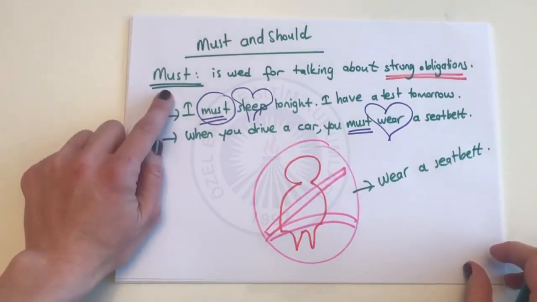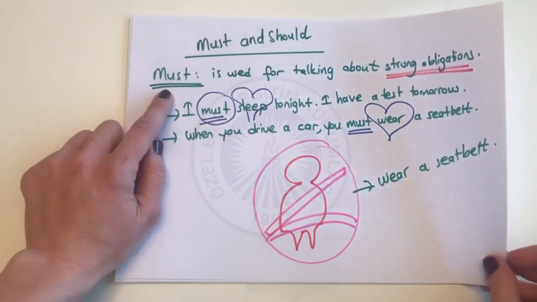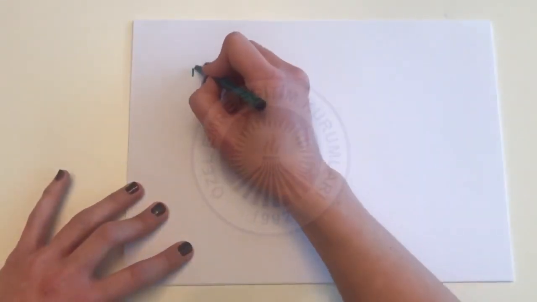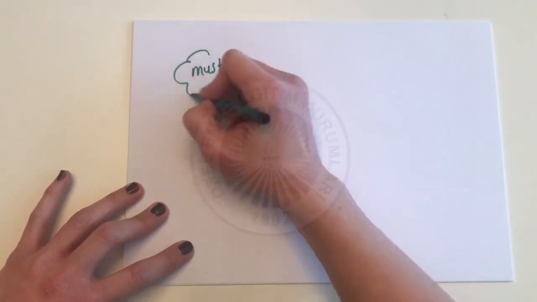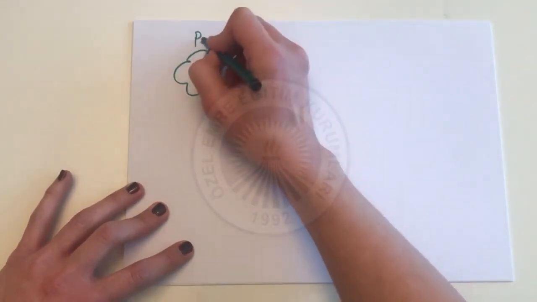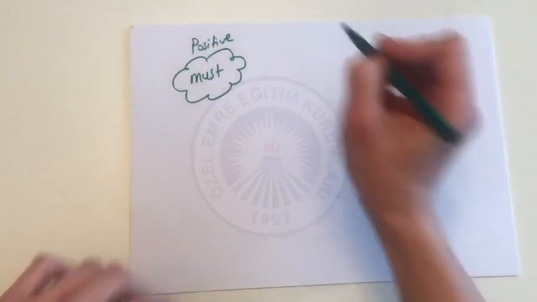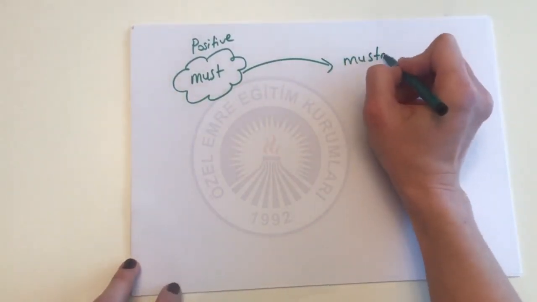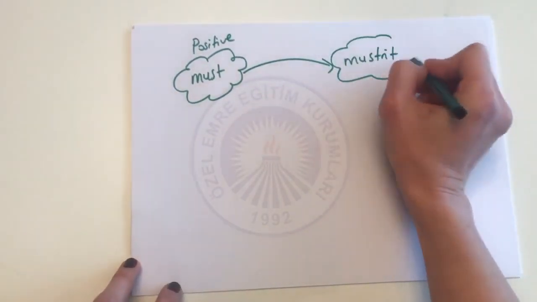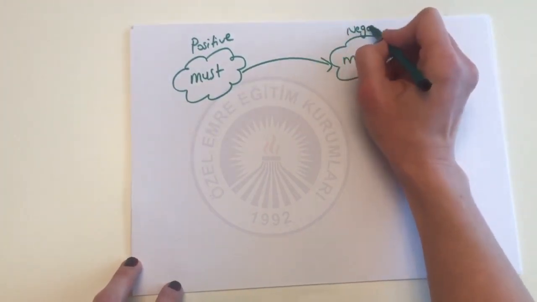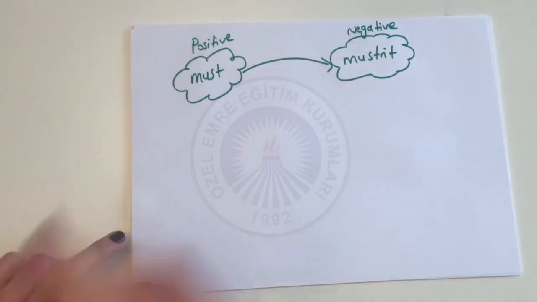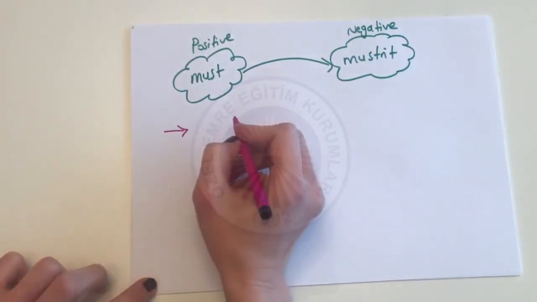Must is the positive form. What is the negative form? Let's write. First, again, write the positive form. This is the positive. Negative form is mustn't. This is the negative. So let's write some examples using mustn't.